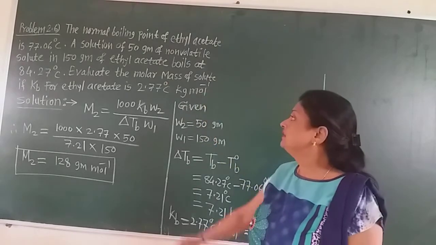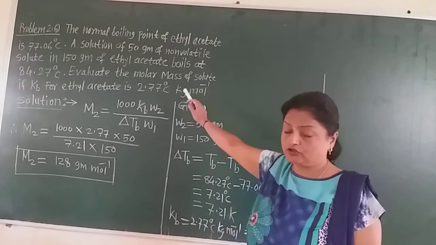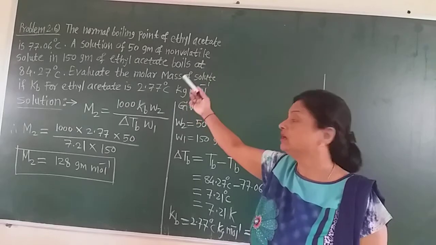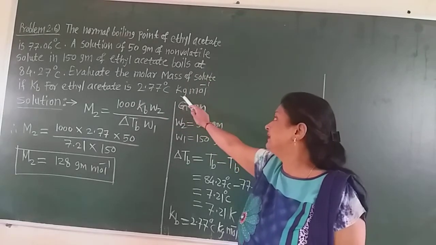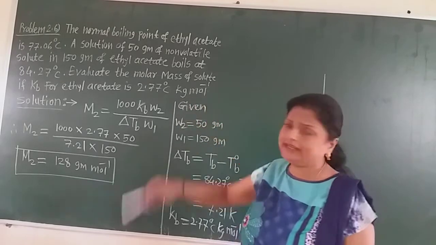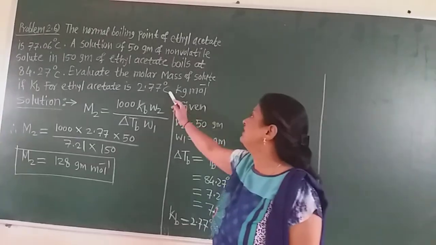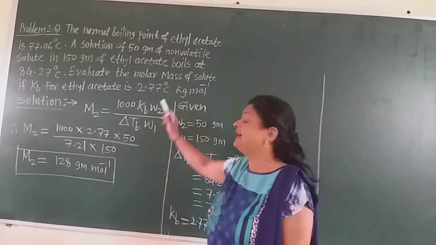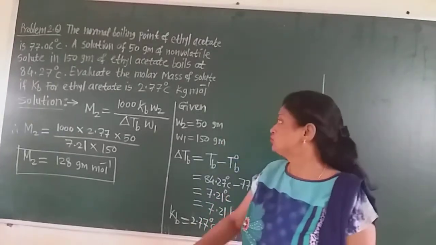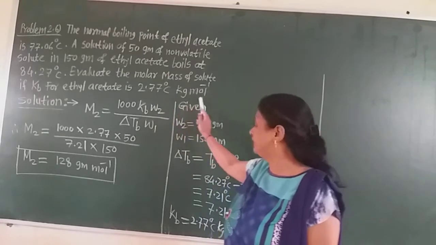Now we know that the unit of the molal elevation constant, or ebullioscopic constant, is Kelvin kilogram per mole. Degree and Kelvin are the same, so you can take Kelvin kilogram per mole.